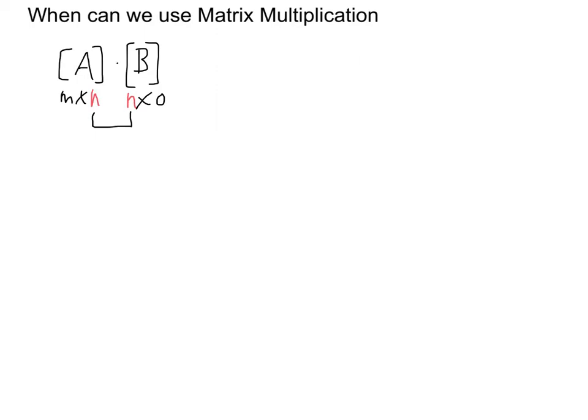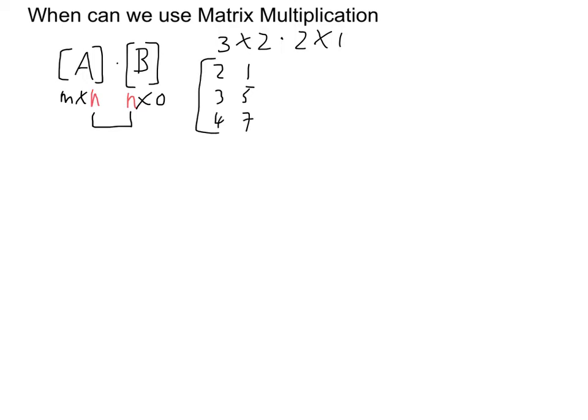So in other words, if we were taking a matrix that was a 3 by 2 and multiplying it times a 2 by 1 matrix, a 3 by 2 would be like 2, 1, 3, 5, 4, 7.